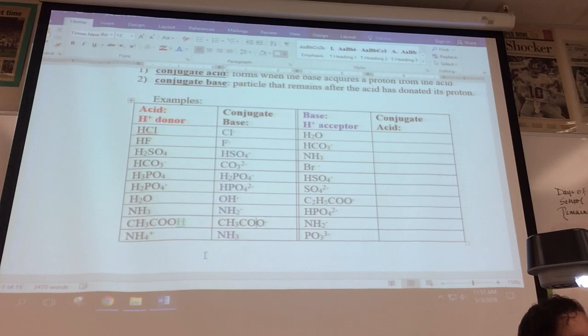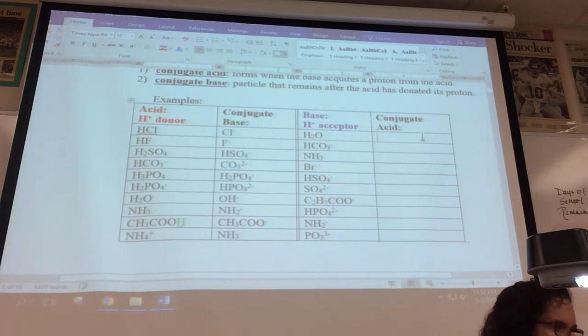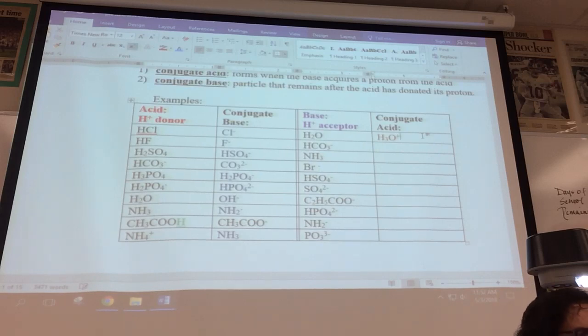So acids donate protons and they form conjugate bases. Acids donate protons to bases. Bases accept protons. So when a base forms a conjugate acid, it will have gained a proton. So water will gain a proton and form what's known as a hydronium ion. H3O+ is a hydronium ion. Bicarbonate ion, like some other species we've talked about, has the ability to lose or gain.